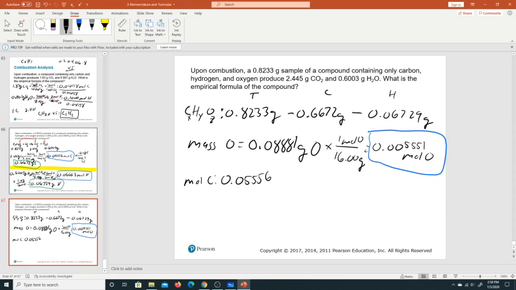And we check H. That was 0.06663. And O was 0.005551 moles. Alright, what number is smallest? Well, it appears that oxygen is the smallest, so we're going to divide all of these by oxygen.